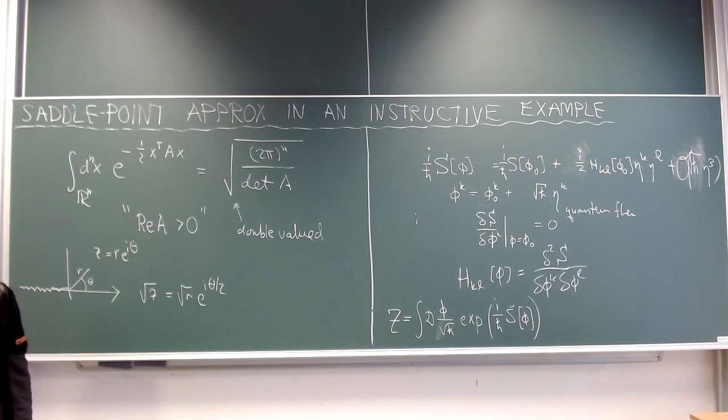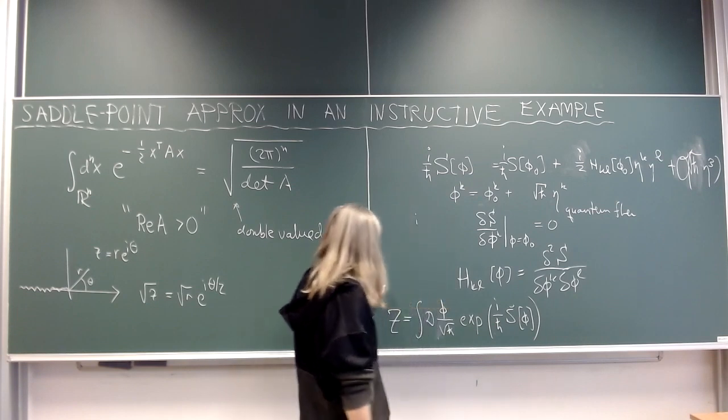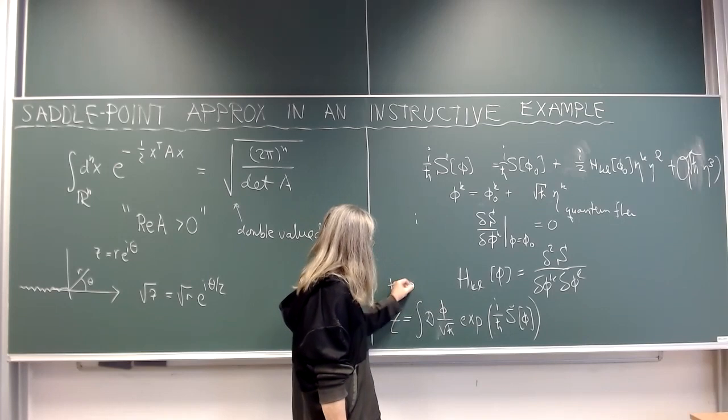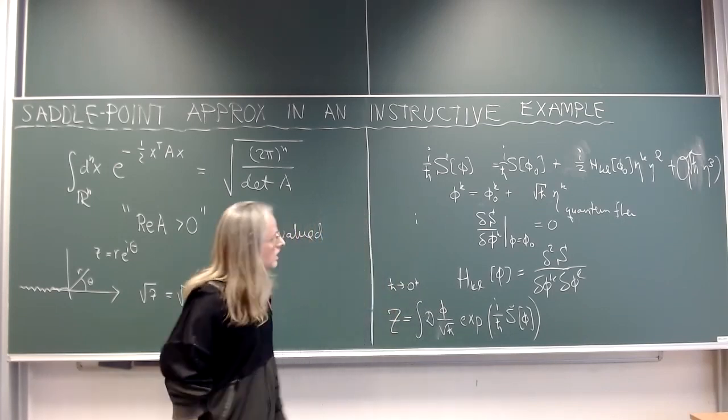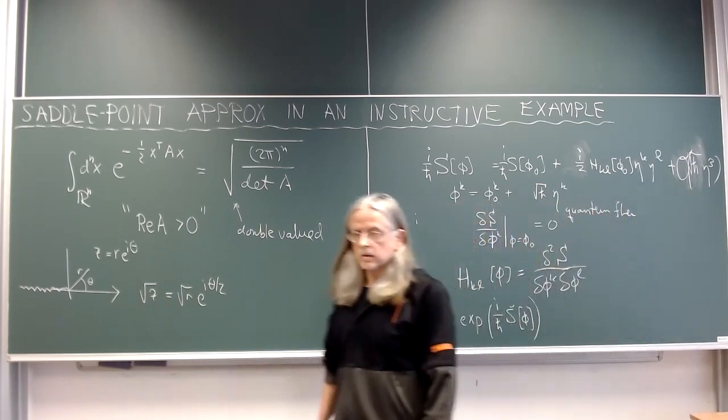Is it clear? And then the argument is that asymptotically in the limit where h bar goes to 0, we can ignore higher order terms.